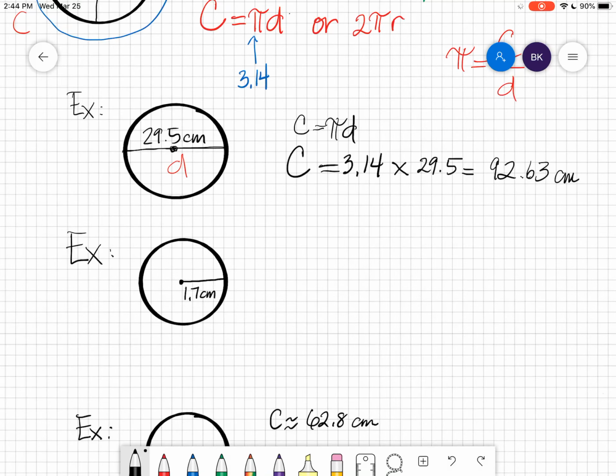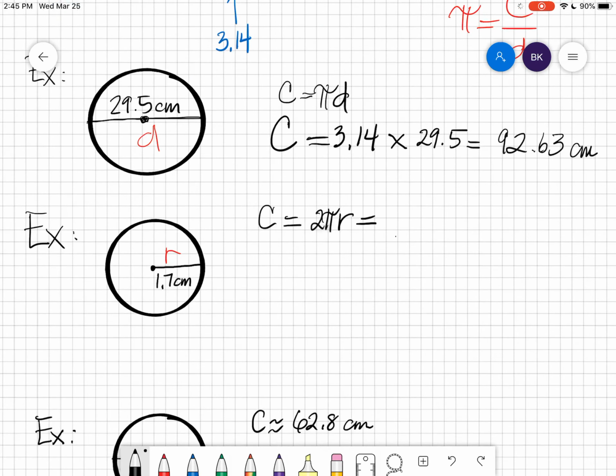The next example is example number 2. We have 1.7 centimeters, and right away I know what is given to me, and that is a radius. Since we are given the radius, my formula to find circumference will be 2 pi r. Or you can also find the diameter, multiply 1.7 times 2. So here we go.